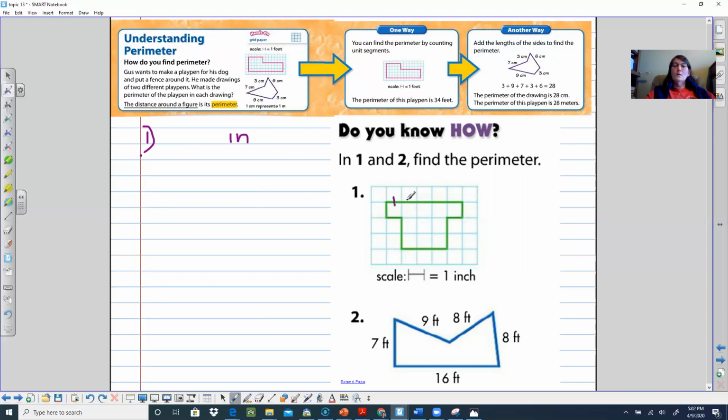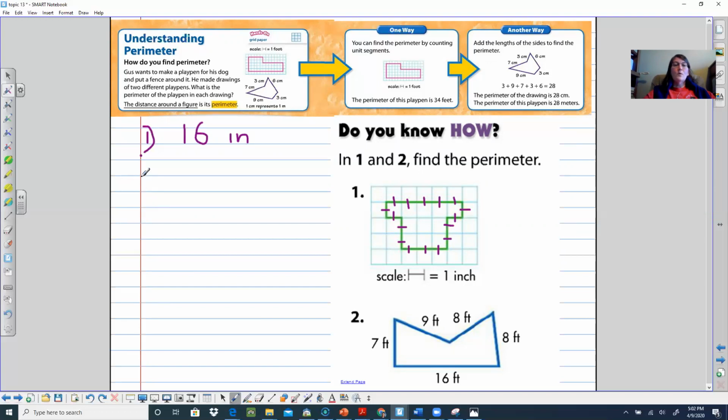So 1, 2, 3, 4, 5, 6, 7, 8, 9, 10, 11, 12, 13, 14, 15, and 16. I already labeled it inches, so I wouldn't forget. So number 1, it has a perimeter of 16 inches.